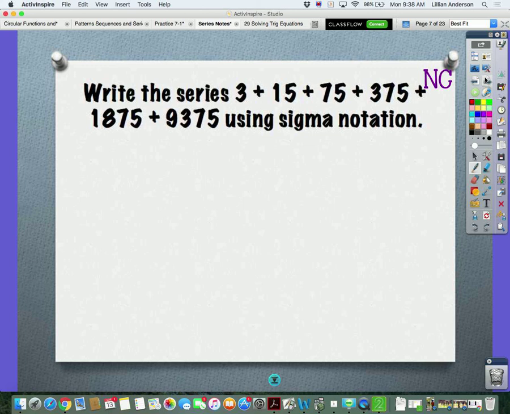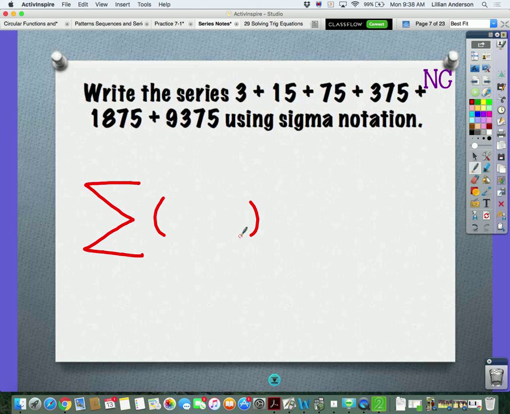So really and truly, this is an example of a geometric series. Okay? Because if we just replace the pluses with commas, this would be a geometric sequence. That means when we write our sigma notation, the part that follows is going to be our rule for this geometric sequence.